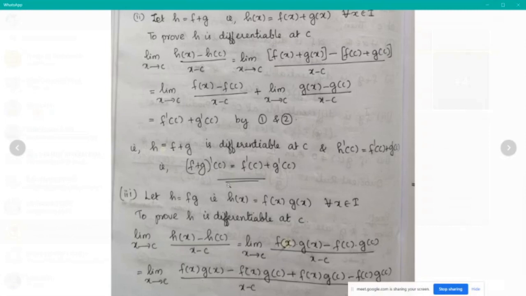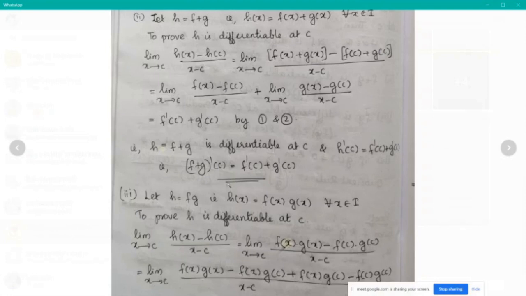G ഉം എഴുതിയിട്ടുള്ള ടേംസ് ഒരുമിച്ച് എഴുതുക. അപ്പോൾ നമുക്ക് ഇങ്ങനെ കിട്ടും limit x tends to c, numerator becomes f of x minus f of c plus g of x minus g of c. Now, the limit of a sum is equal to the sum of the limits, so we can split this sum and write this as limit of f of x minus f of c divided by x minus c plus limit of g of x minus g of c by x minus c.